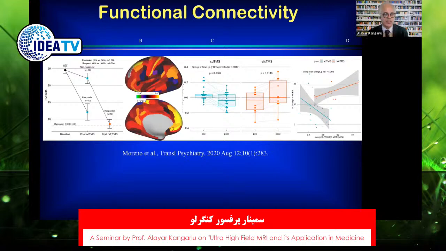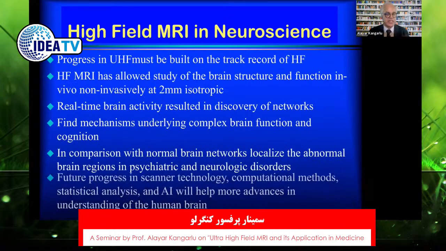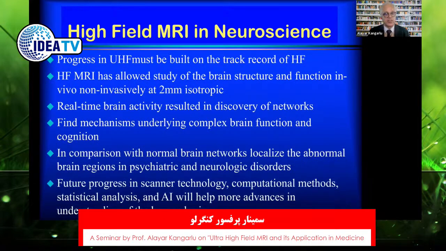And I'm sure that as we go further with our ability to focus and to assess the effects of various neuromodulation, we will be able to have an even better understanding of the role of the networks in the formation of the human mind. And that brings me to my last slide, the role of high-field MRI in neuroscience.